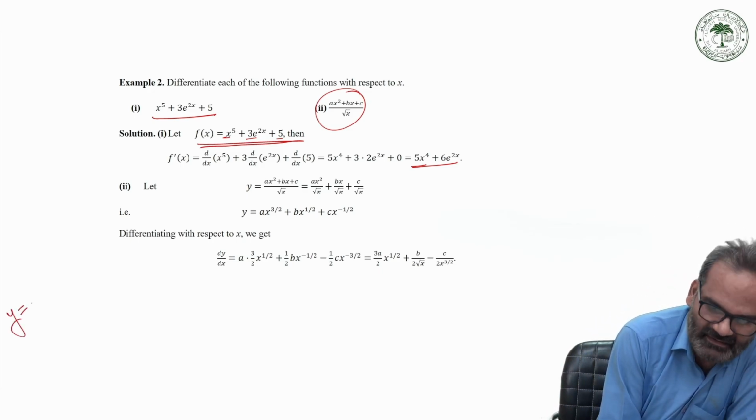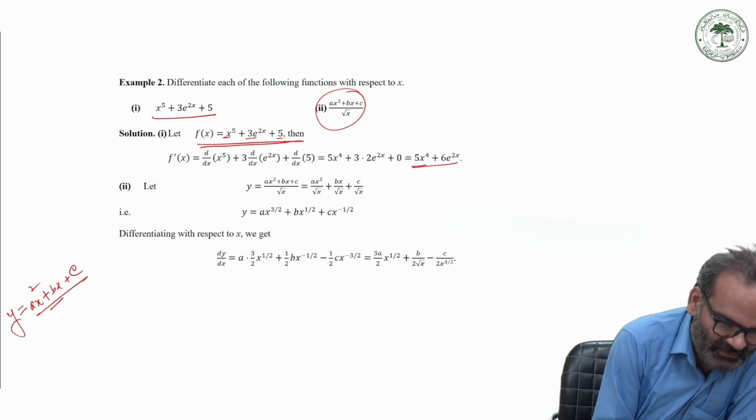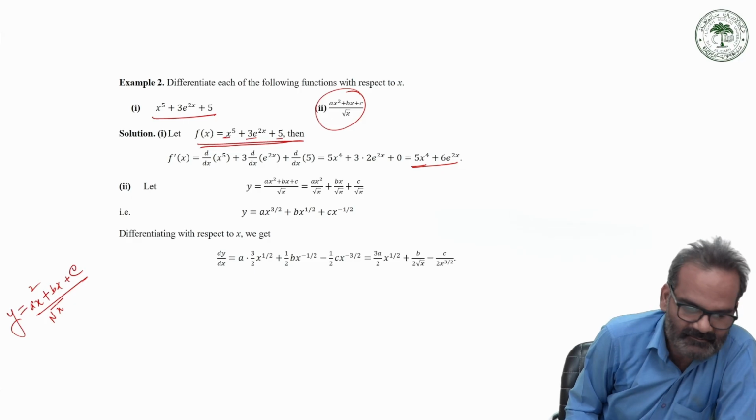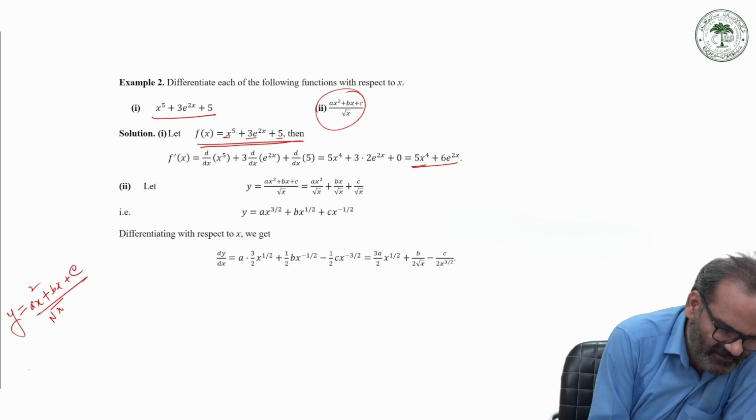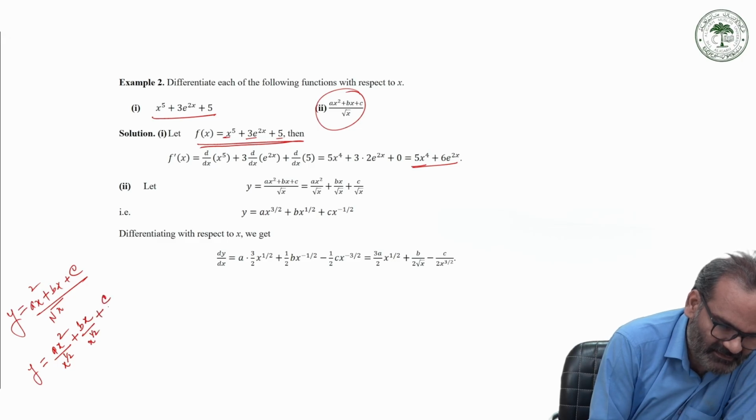This is ax square plus bx plus c divided by root x, right? So see, we can write it like this: y is equals to ax square divided by root x means x power 1 upon 2, plus bx divided by x power 1 upon 2, plus c divided by x power 1 upon 2.